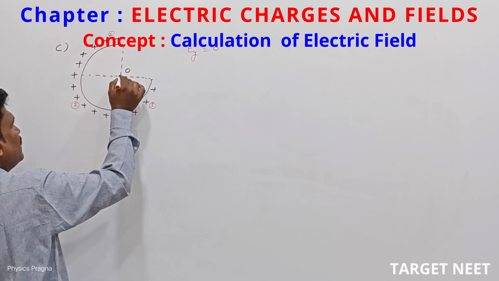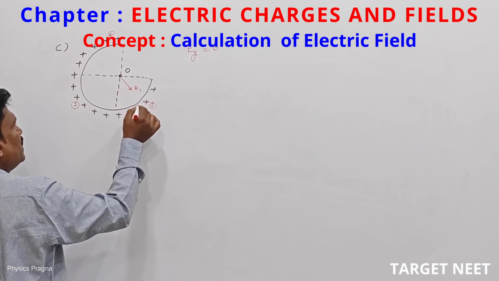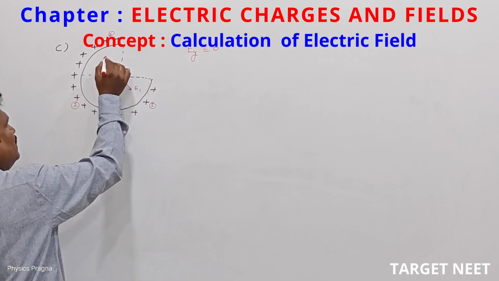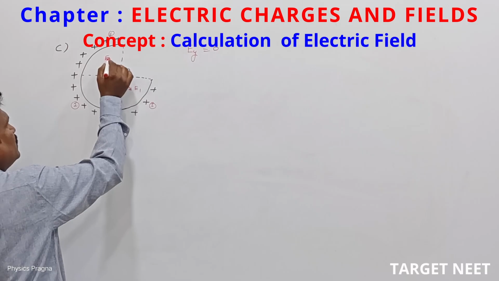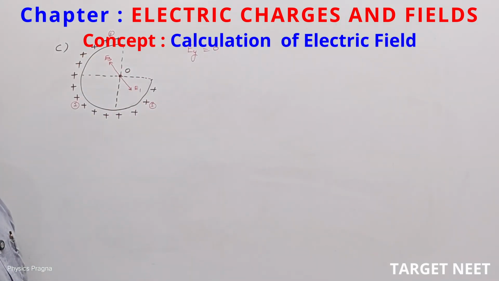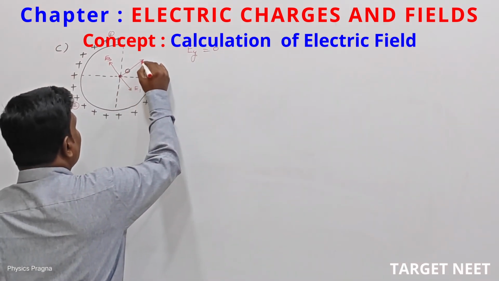Due to 1, the electric field will be like this. This is due to the first arc. Because of this third arc, this is the electric field due to 3. Both electric fields are equal, so they will cancel each other. So we are having only one electric field here.